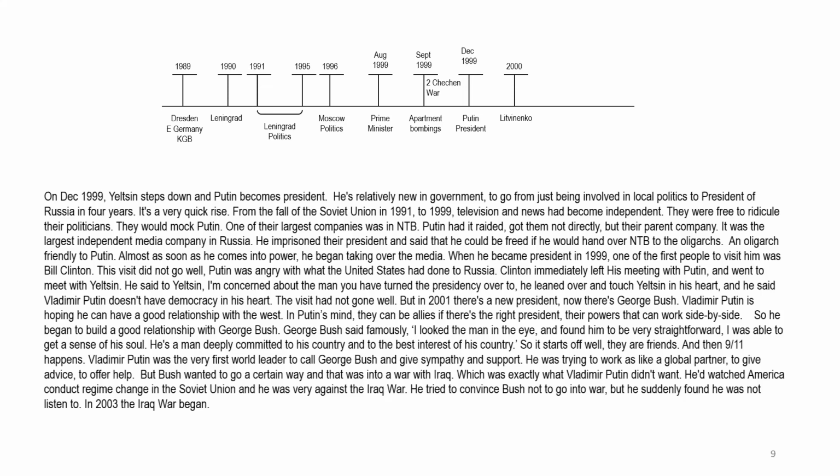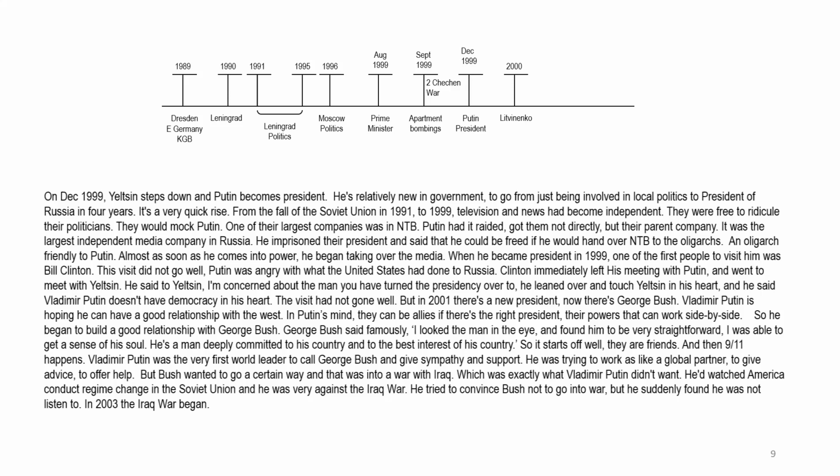Television and news had become independent. They were free to ridicule their politicians. They would mock Putin. One of their largest companies was NTV. Putin had it raided. He got them not directly, but through their parent company.